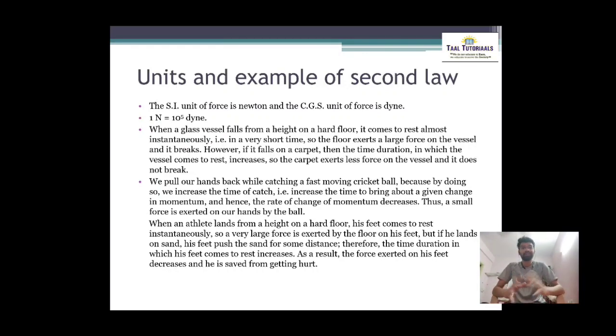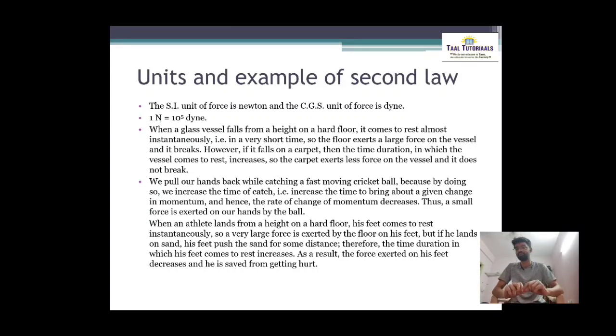To explain this, 1 Newton is equal to 1 kg into 1 meter per second square. 1 kg becomes 1000 gram, and 1 meter per second square is 100 centimeter per second square. That is 10 to the power 5 gram centimeter per second square, which is dyne.